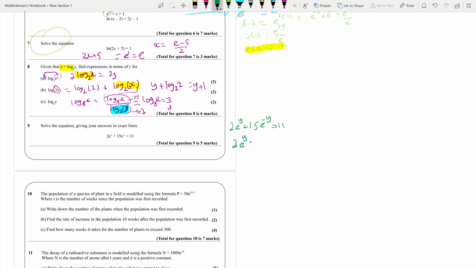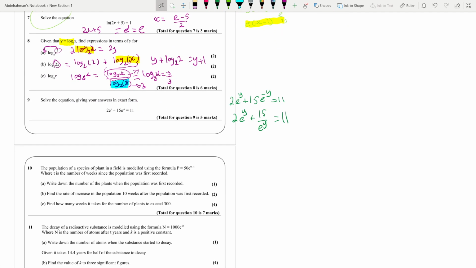So 2e^y plus 15/e^y equal to 11, because I said that the minus is just the inverse, or just like dividing by that number. Okay, so we can multiply by e^y, so ey multiplied by ey, these two is addition, so it's going to be 2e^(2y), so we have 2e^(2y) plus 15 equals 11e^y.